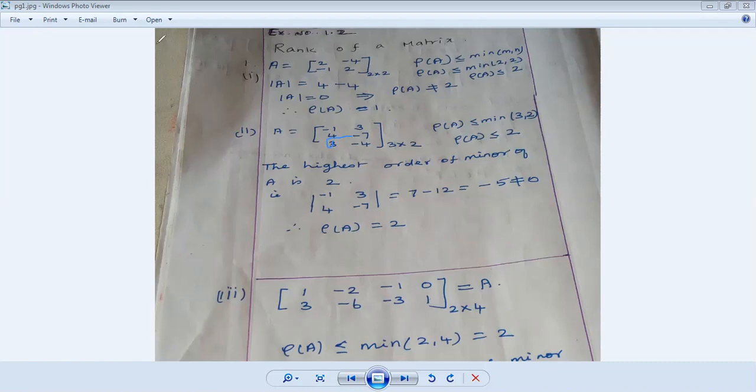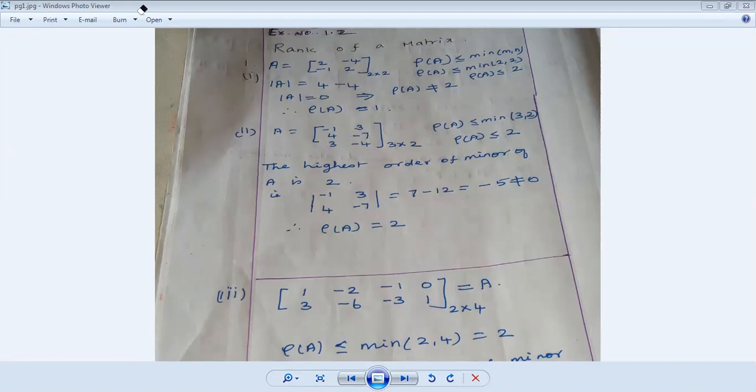Therefore, the rank of the matrix is less than or equal to 2. What is the highest order of the minor? 2. Therefore, here we have to find out the value of the determinant.